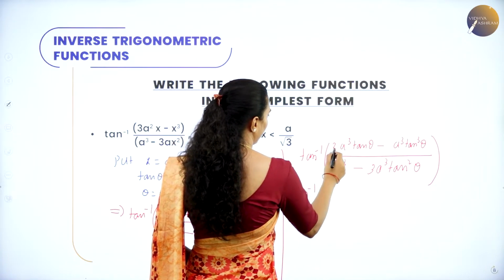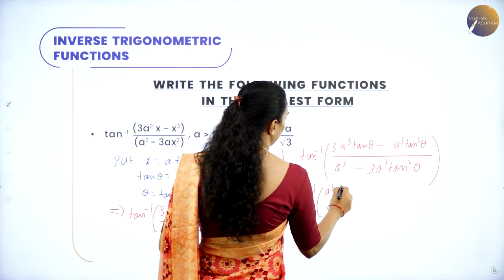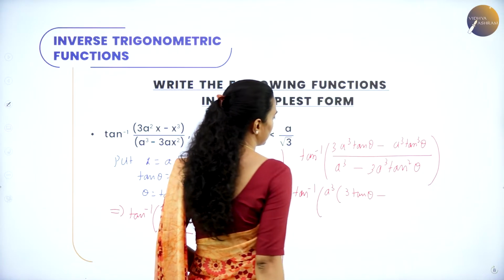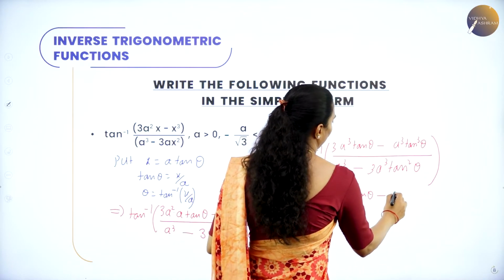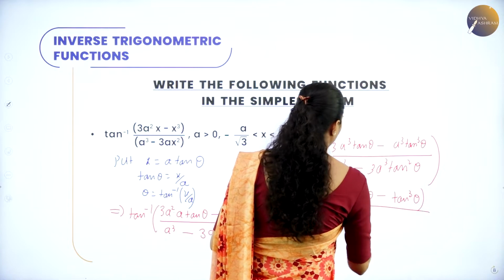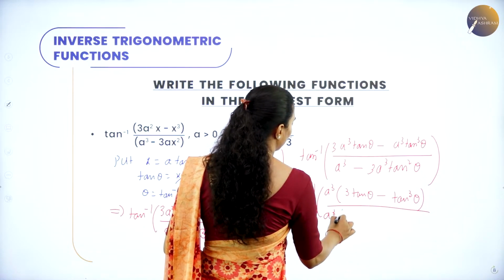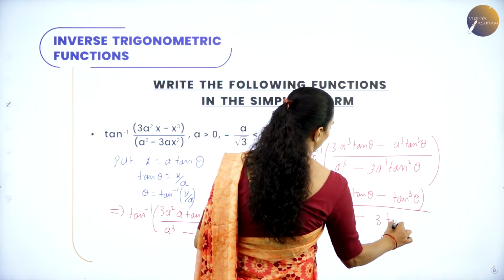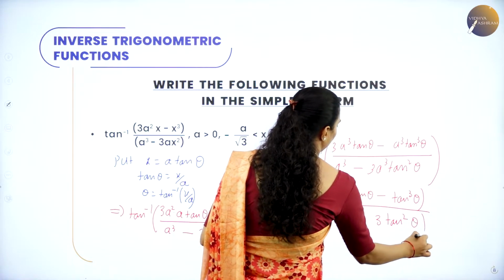Tan inverse of a cube into 3 tan theta minus tan cube theta divided by a cube, I can take a cube common here, 1 minus 3 tan squared theta. Correct?